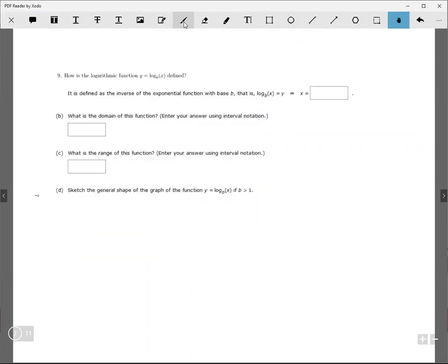Okay, let's move on to number 9. This is kind of going back. How's the logarithm function defined? It's defined as the inverse of the exponential function with base b. That is, log base b of x equals y if and only if x equals b to the y.